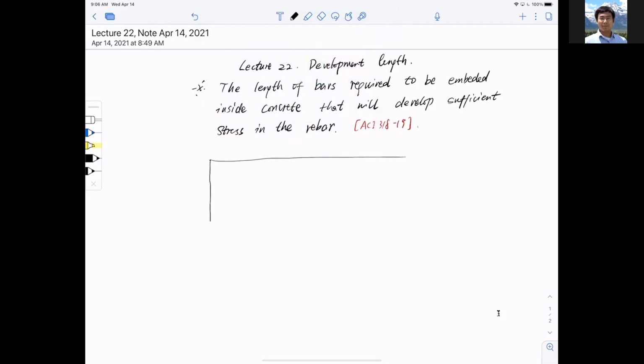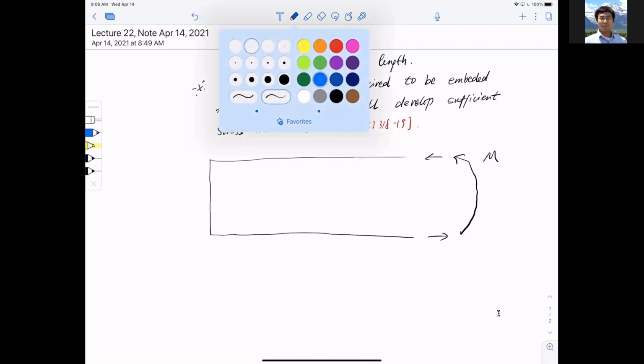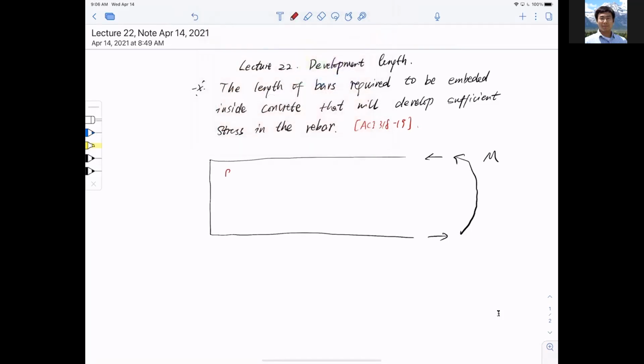Just say the side view of a concrete beam here, and we already know, for example, if we apply a positive bending moment, this is in tension, and top is in compression, and we already know the reinforcement needs to be embedded, can have a shape like this.